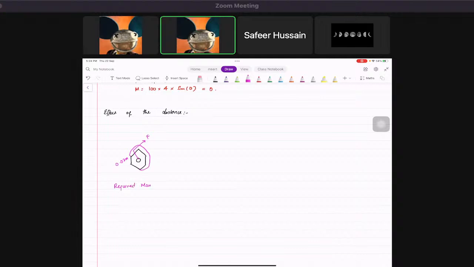and the required moment to unscrew is 500 newton meters. Then you try it with a spanner.